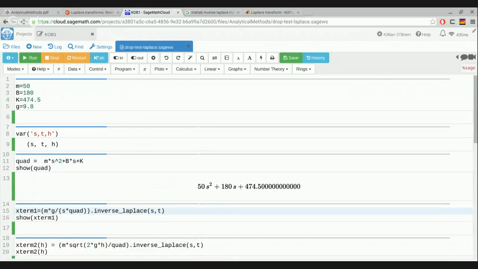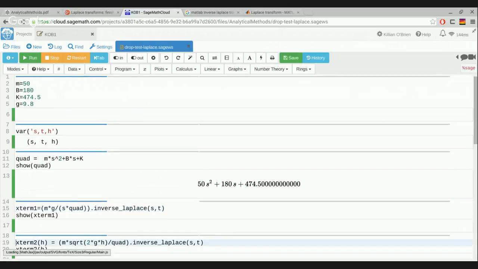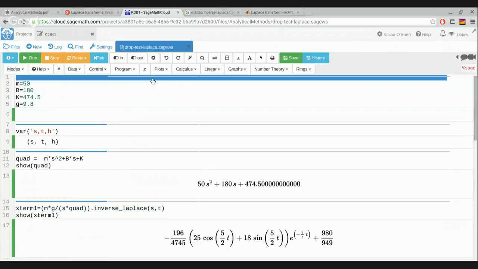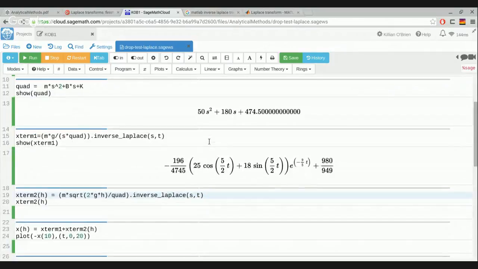And then this x term 1, I define as the inverse transform of m times g over s times the quadratic. So that's the inverse transform of this first part here. So that's the first component of the solution, x.